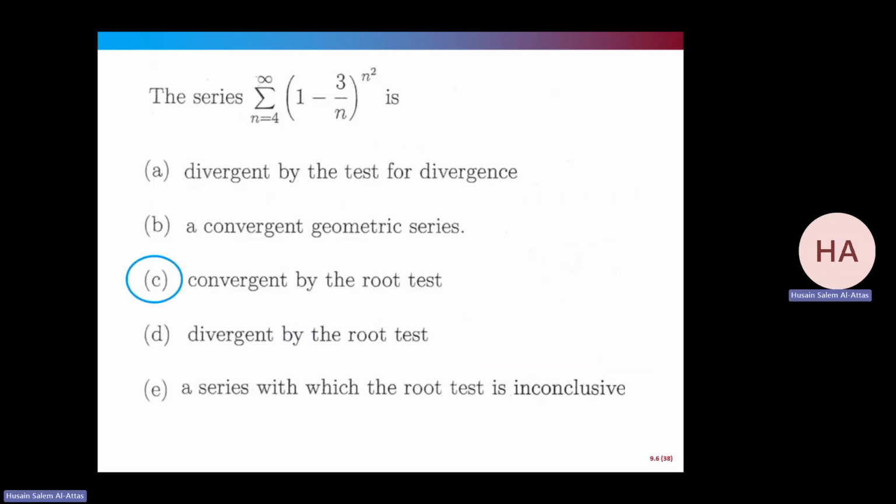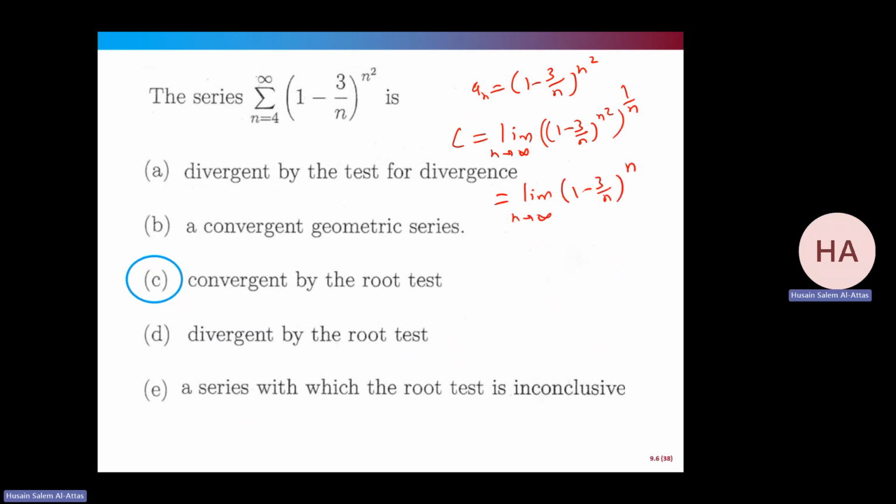This one, 1 minus 3 over n, with the root test. Let me take L. This is my a_n. So L will be the limit as n goes to infinity of the nth root, which is this, all to the power 1 over n. That will be the limit as n goes to infinity of 1 minus 3 over n, all to the power n.